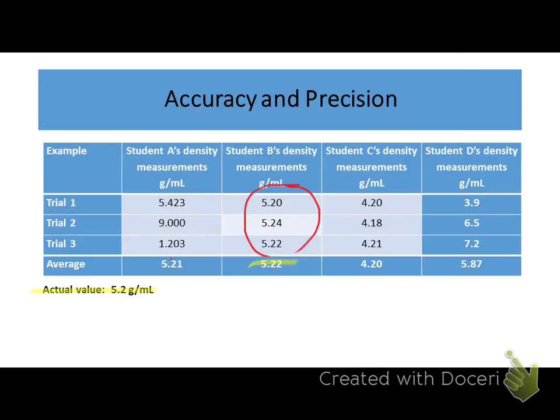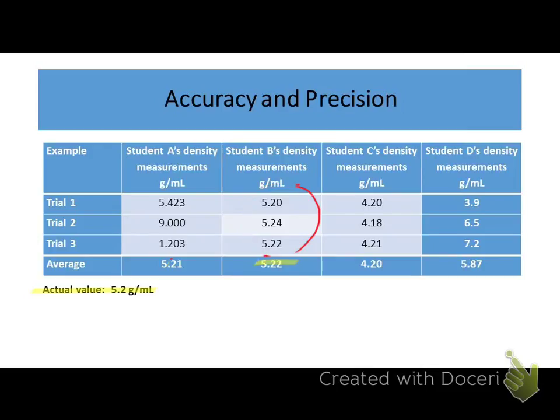Absolutely. Student B's data is very accurate. It's close to the actual value. However, what about the 3 data points? Are they consistent with each other? Are they similar? Are they grouped close together? You would say our groupings are close. They are consistent, and therefore student B also has precise measurements. So student B is accurate and precise.